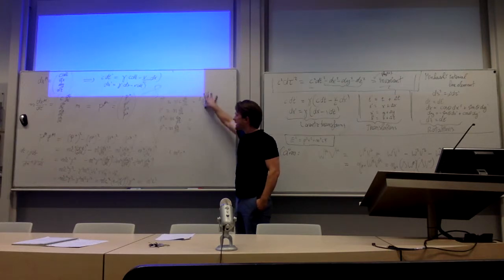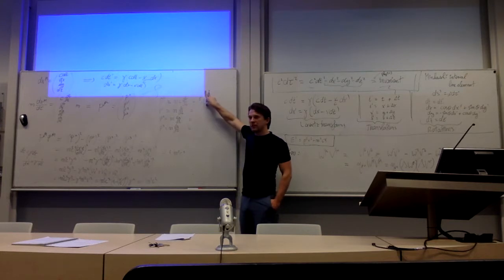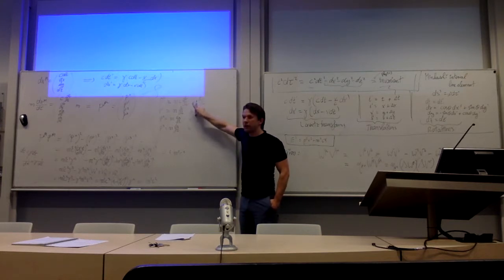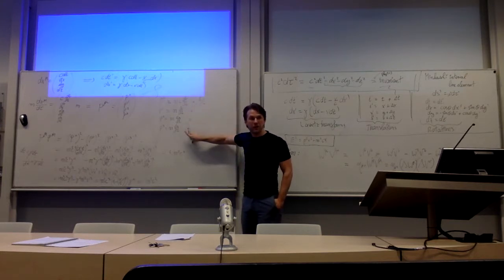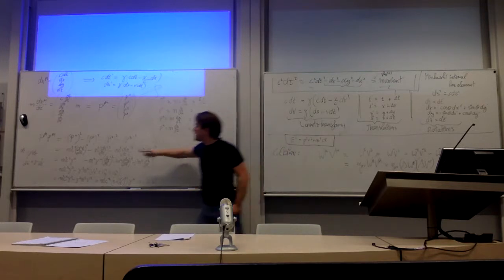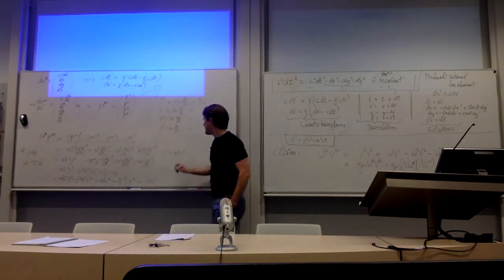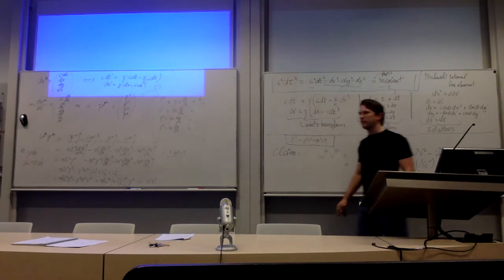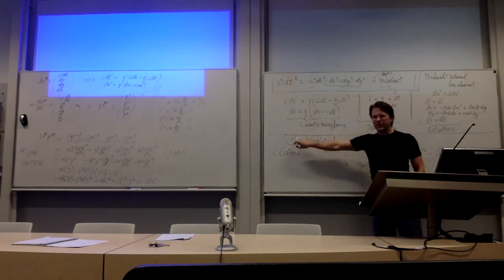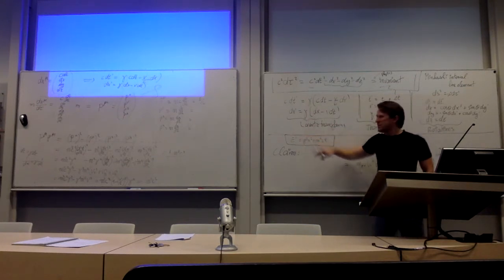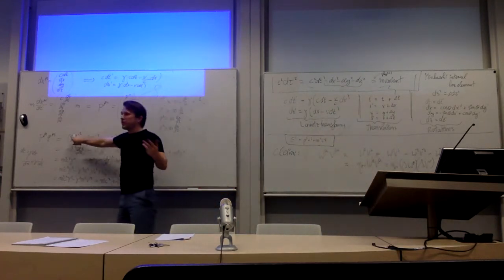So if that is the case, that this indeed is energy over c, and this indeed is momentum in the x direction, momentum in the y direction, momentum in the z direction, and we know that this particular combination should give you m squared times c squared, we're already sort of here, aren't we? Because the p-zero, given that it has something to do with energy, will give you energy squared.